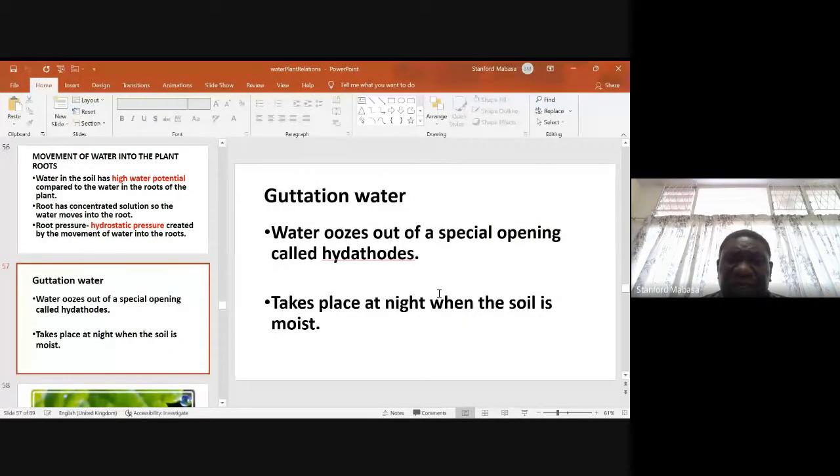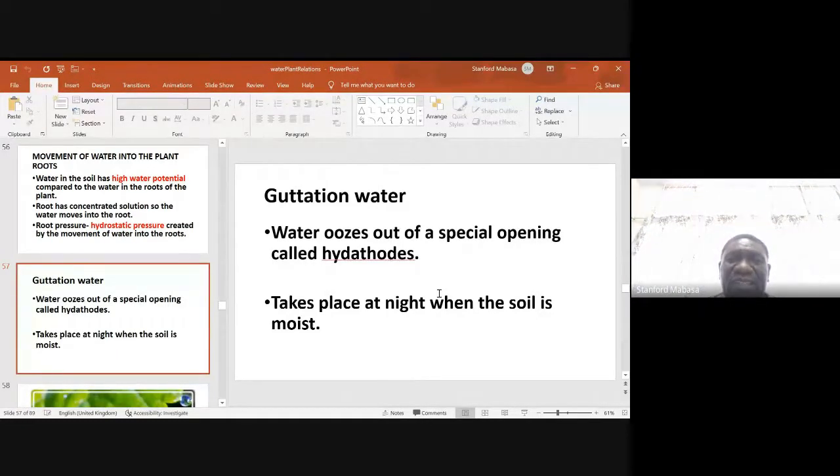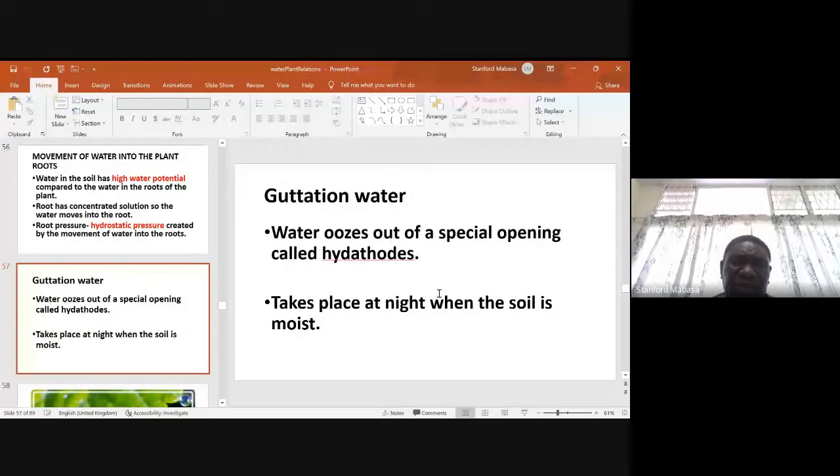Now, I want to differentiate transpiration and what is known as guttation. It's another process where plants can actually lose water.